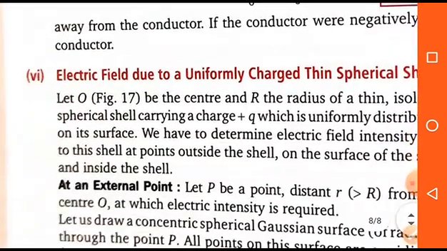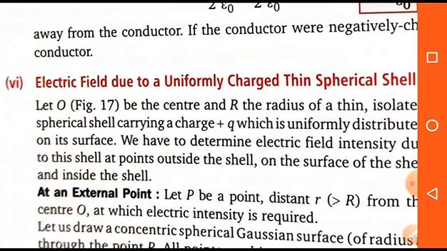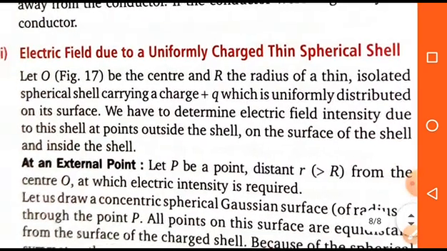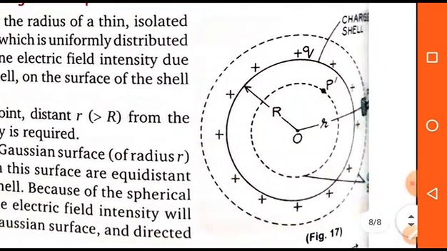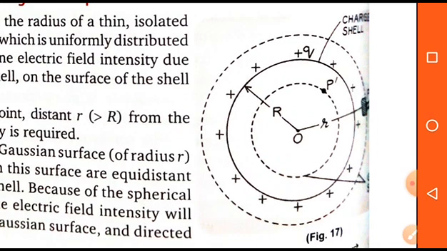Now the next important topic is electric field due to a uniformly charged thin spherical shell. Here we have to take a spherical shell, and there will be 3 conditions at which we have to find the electric field. First, we can take a point P on the surface. Second, we can take point P outside the surface, and the third is inside the surface.